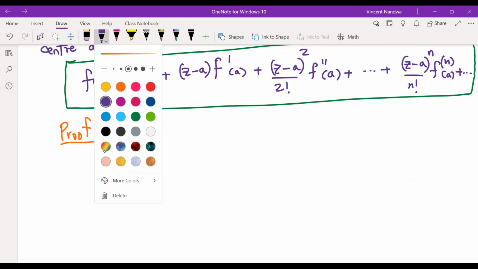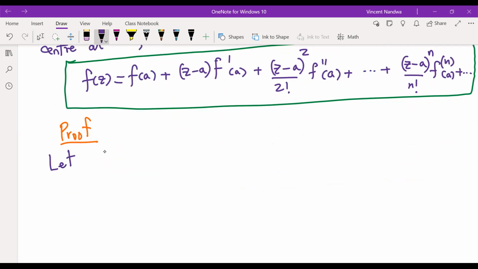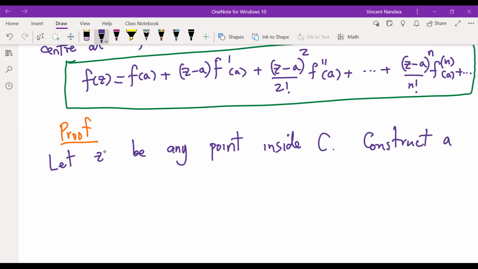Let's then construct a circle C1, which contains this point.